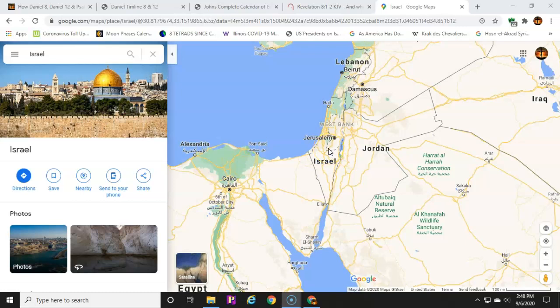And this is important because once he gets there, he sits there for a short period of time, and like I said, he gives those nations an hour of power, which is 15 days, to go into Israel, into Jerusalem, and try to take that Temple Mount.